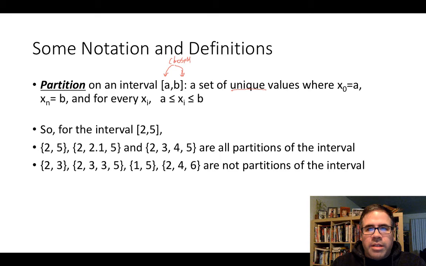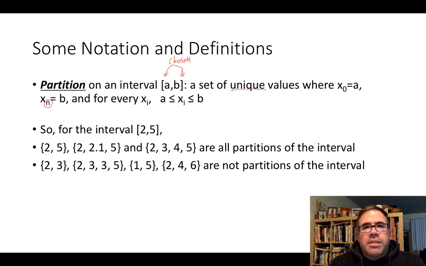It's important that they're unique, where the first value, which we label x sub 0, is equal to A. The last value, x sub n, because the idea is that there are n values, is equal to B. And every value in the partition is going to be somewhere between A and B, right?